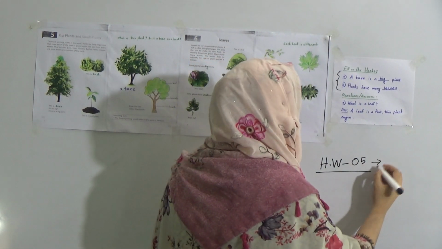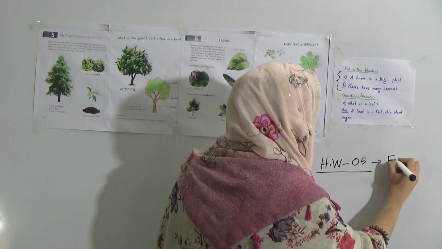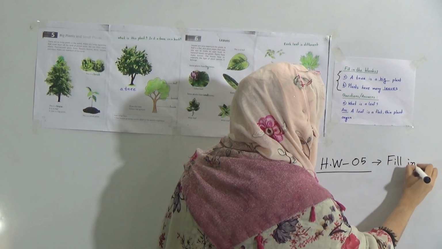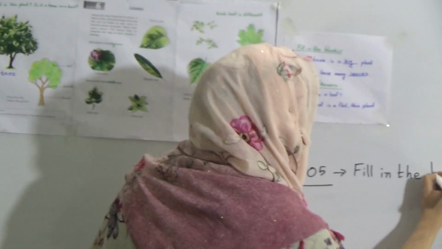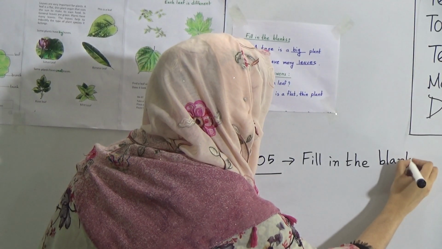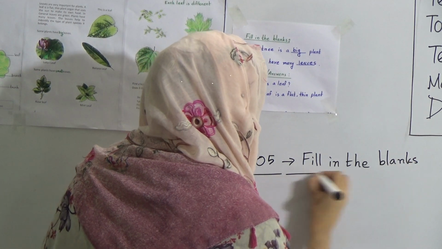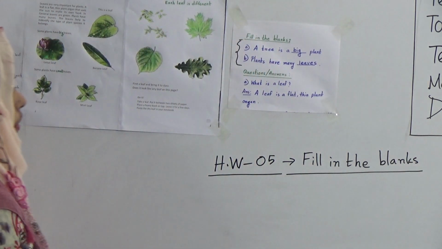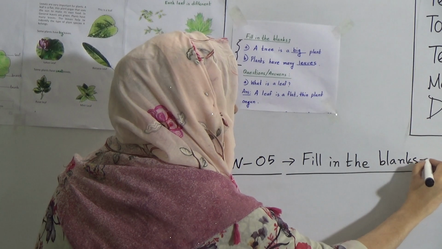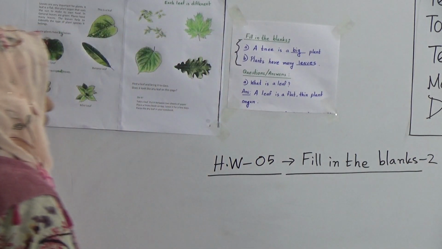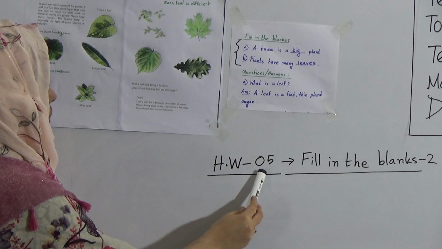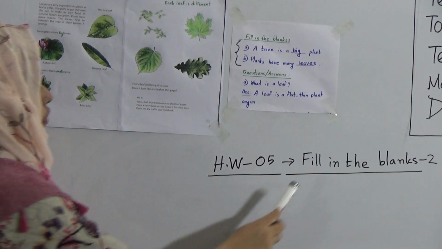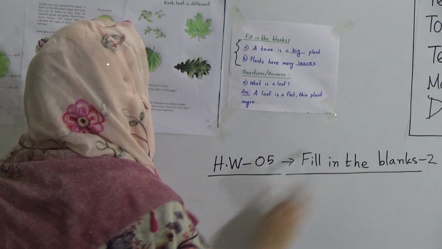It will be your HW. I am repeating your HW. This is 5 number HW, and your HW will be 2 fill in the blanks.